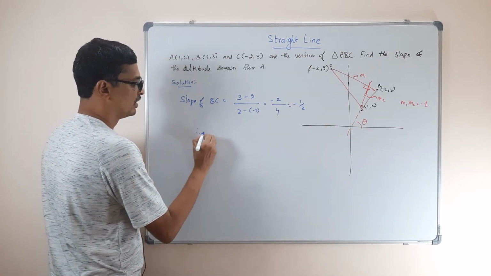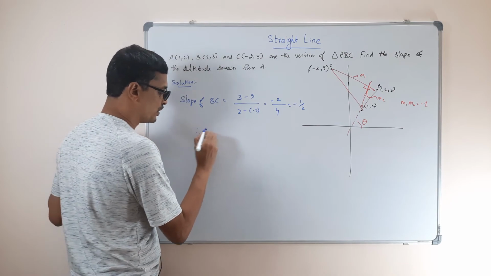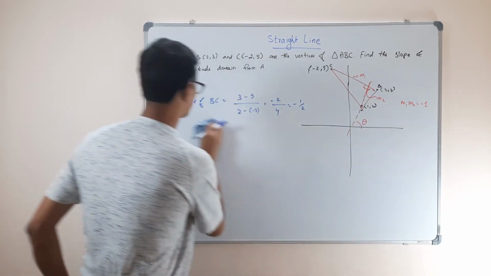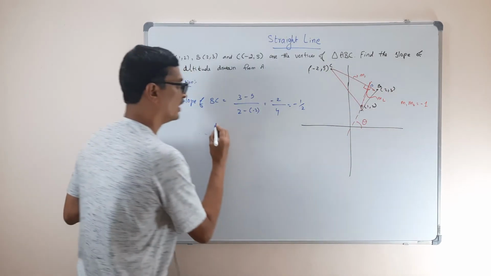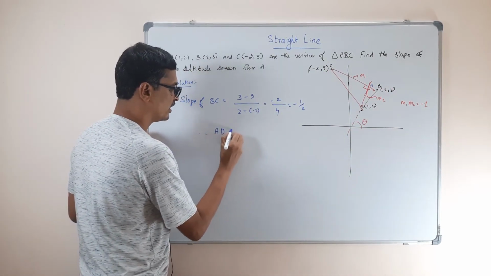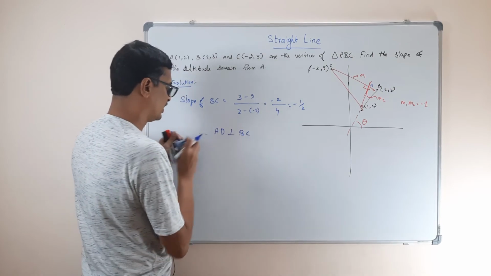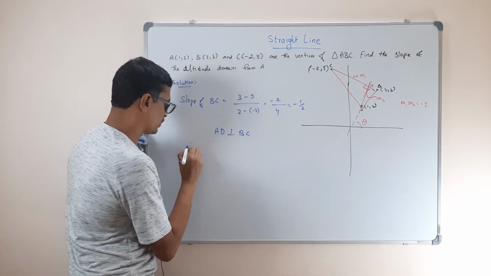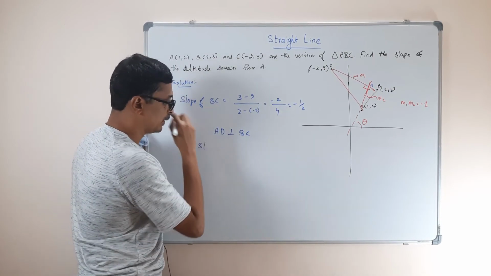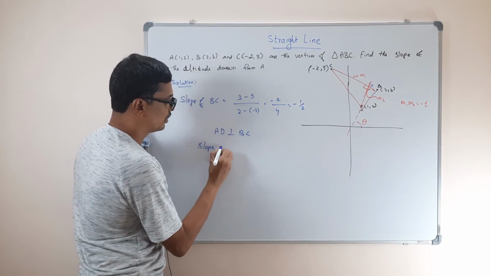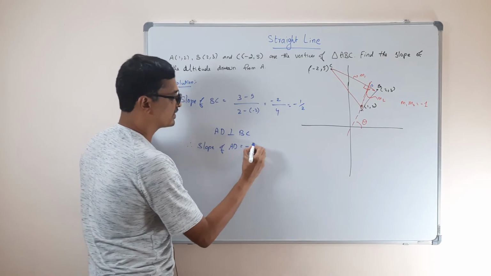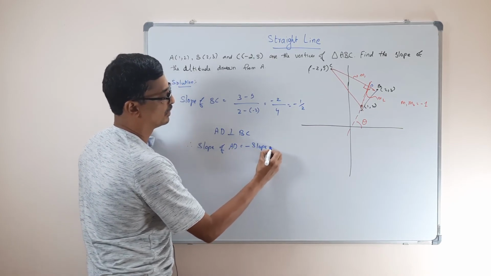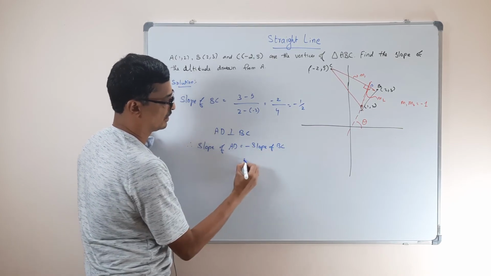Therefore, the slope, let me write this as ABCD. AD is perpendicular to BC. Therefore, slope of AD will be equal to minus 1 by the slope of BC.